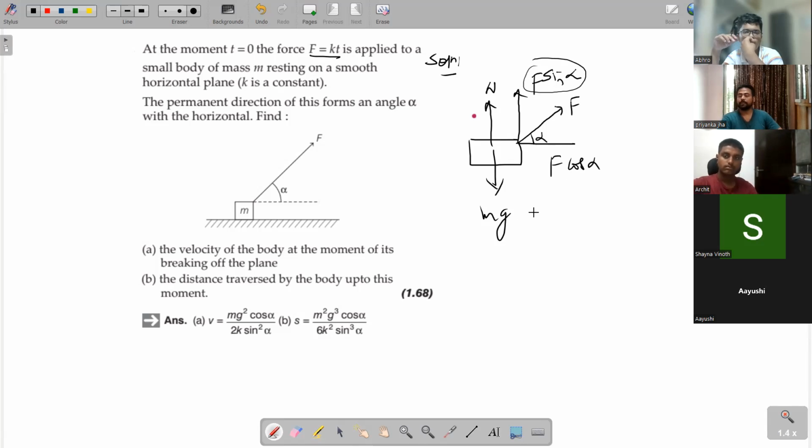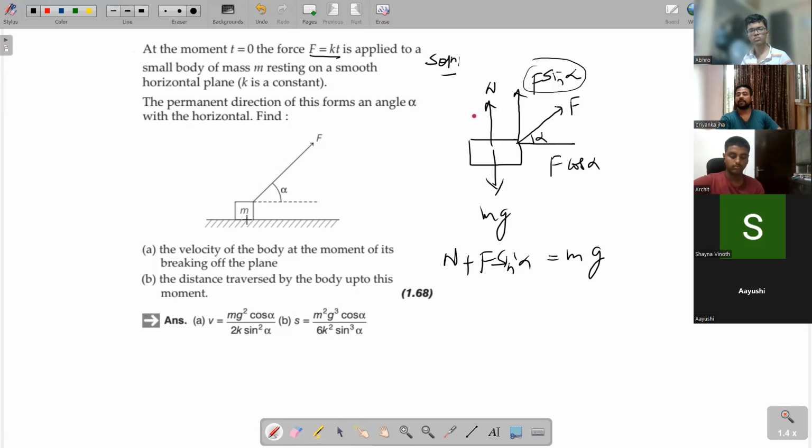Suppose I talk about the equilibrium. What will happen at equilibrium? In the vertically up direction, N plus F sin alpha must be balanced by mg. But with time, this force is increasing. So after some time, this force will be enough that this block will leave the ground.